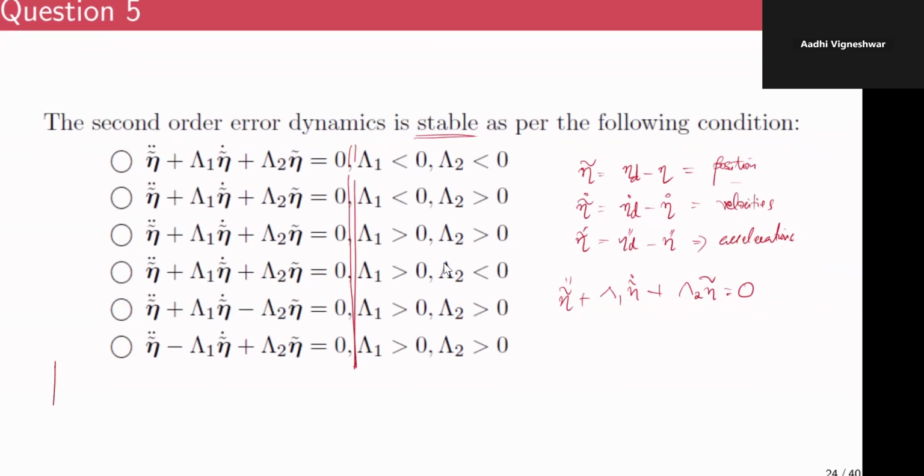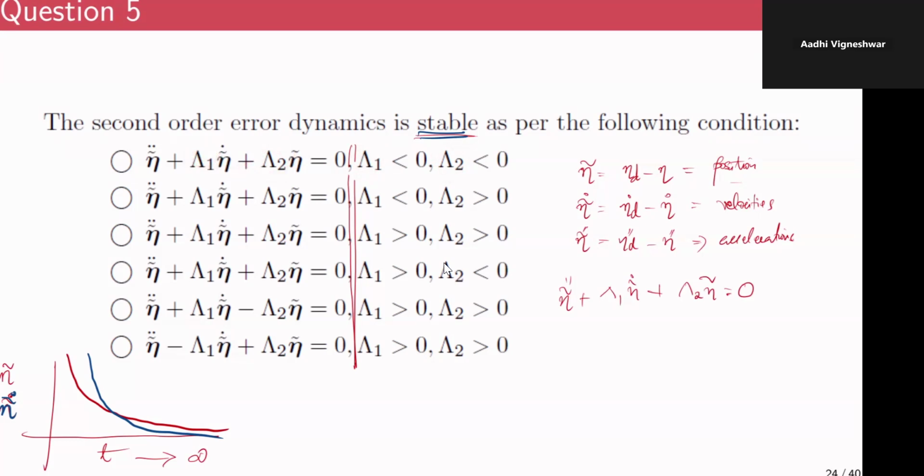So if I plot a graph where the x-axis is time and the y-axis is the position error and the velocity error, then as time tends to infinity, both the position errors and the velocity errors should asymptotically converge to zero. That is what the notion of stability essentially means. And in order to establish stability, we need to choose the correct constraints on these coefficients.